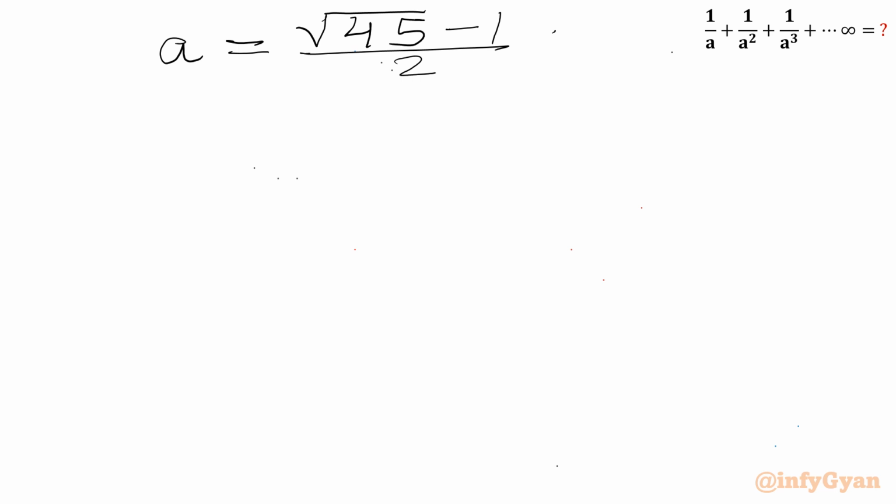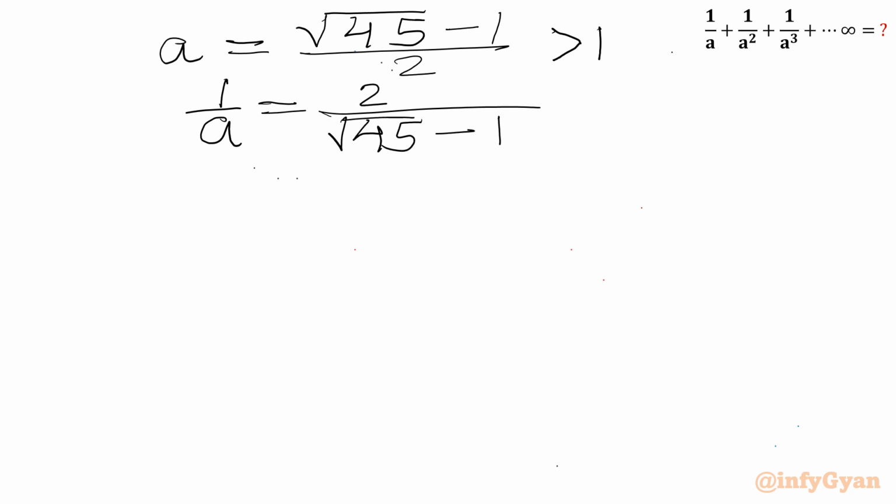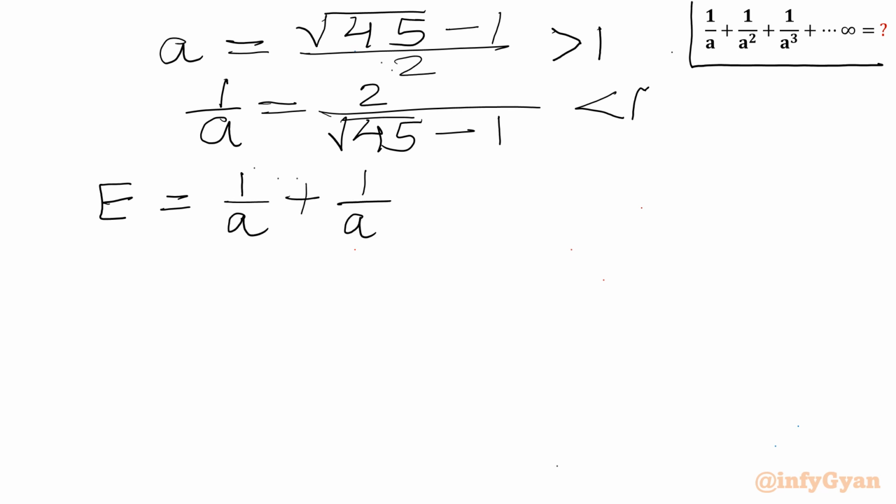If you will check, then a is positive but greater than 1. And if I will check the 1 over a value, this value will become 2 over square root 45 minus 1, then it will be less than 1. Now the expression E equal to 1 over a plus 1 over a square plus 1 over a cube.